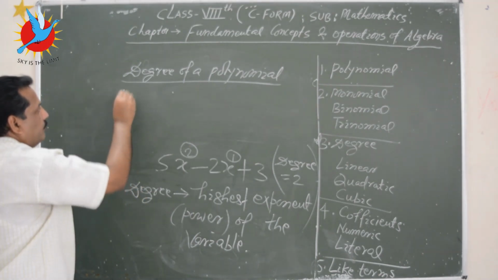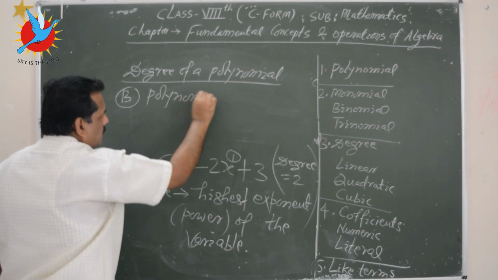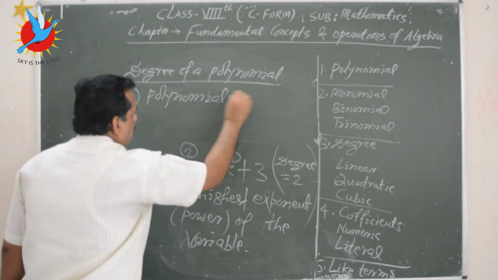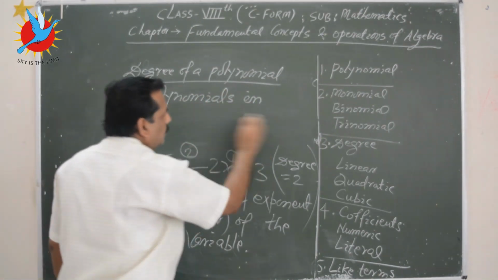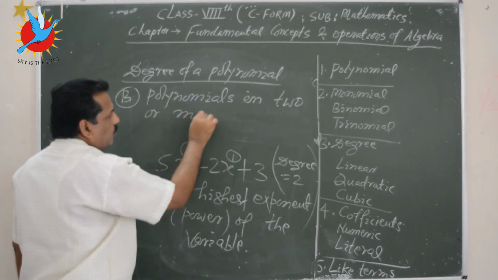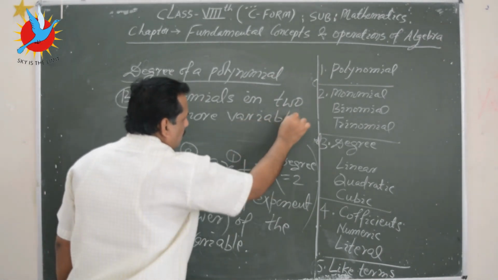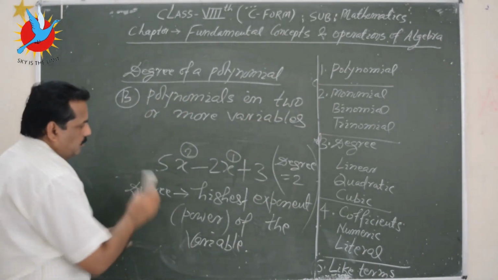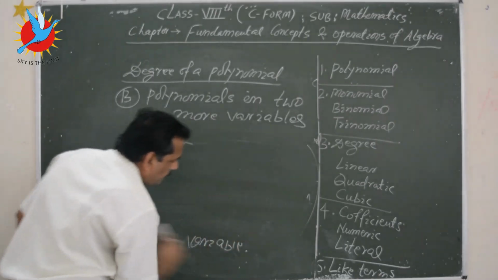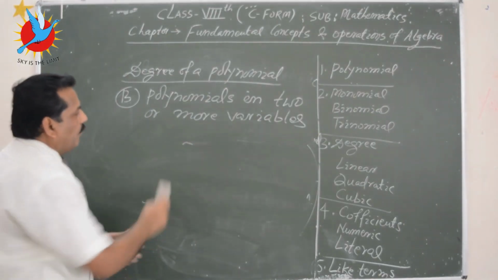This is B. Polynomials in 2 or more variables. So I am writing an example, polynomials in 2 or more variables.